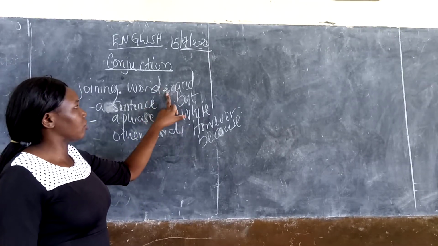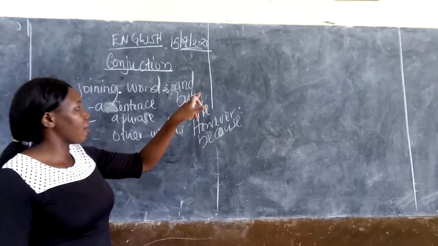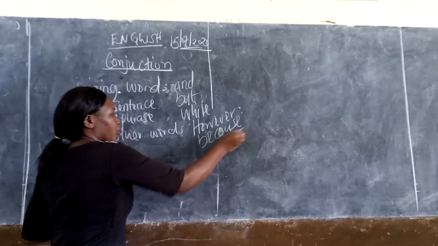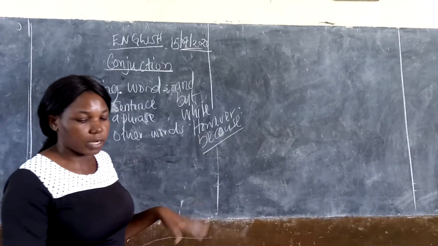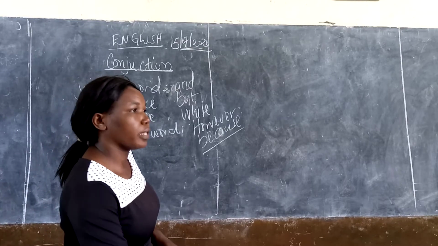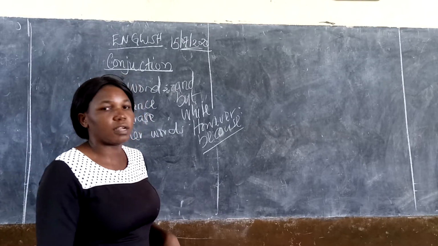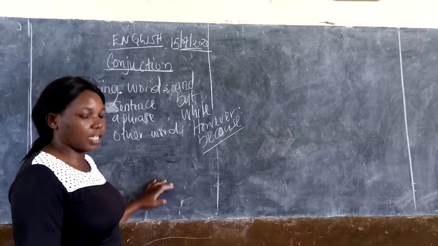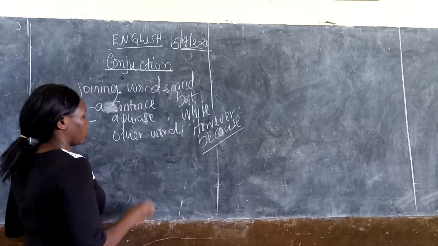Examples are and, but, while, however, because, and very many. The list is very long. But let us see these different types of conjunction and how they are used in our sentences. One, we have conjunctions that give additional information.